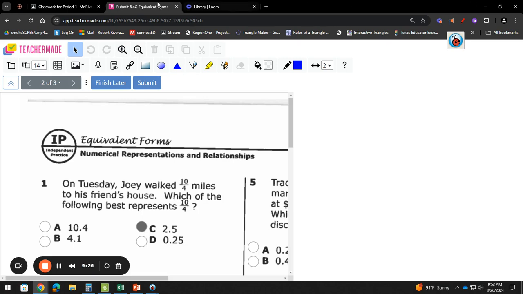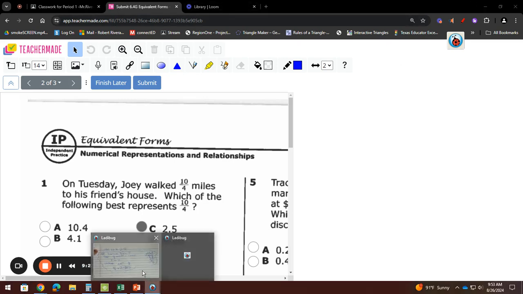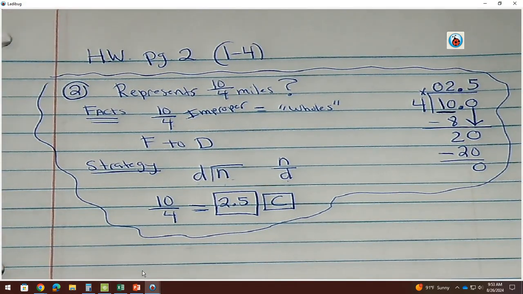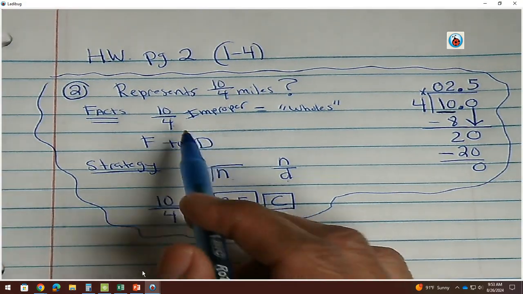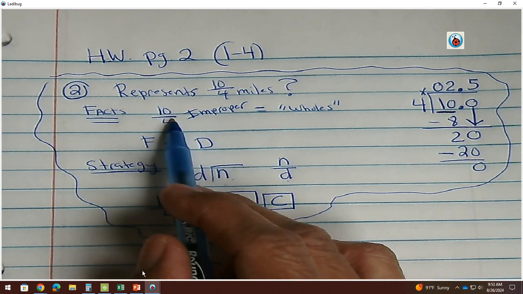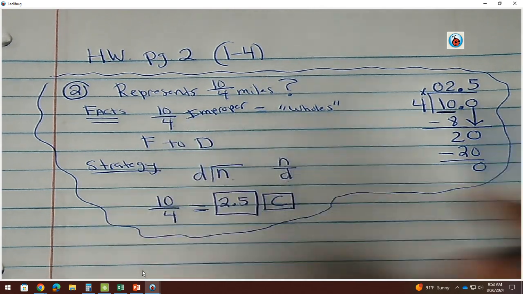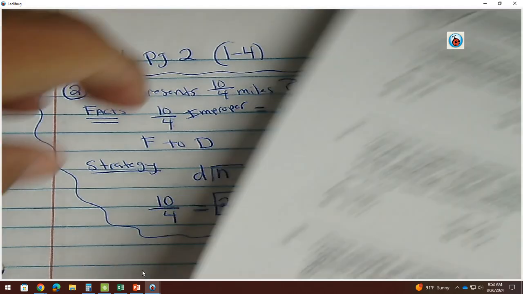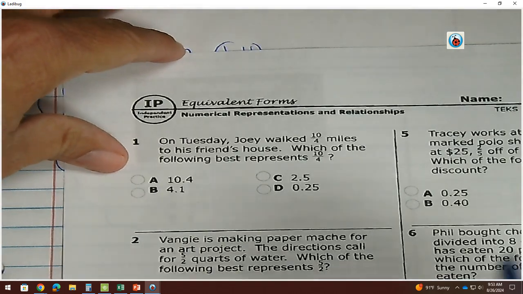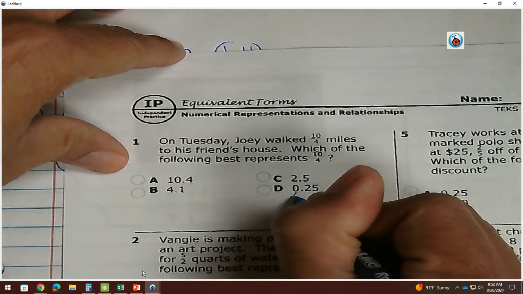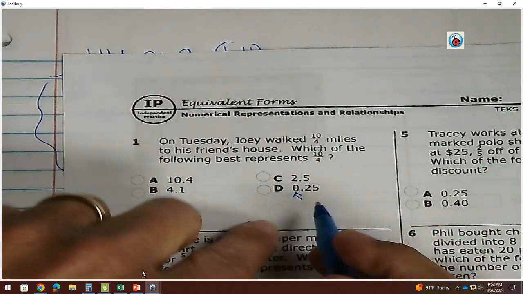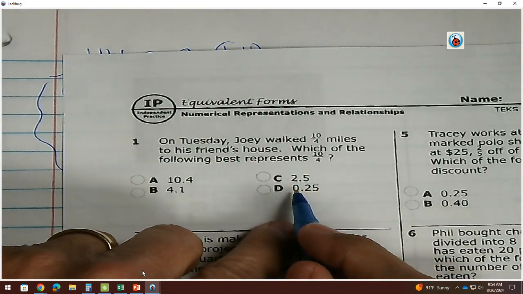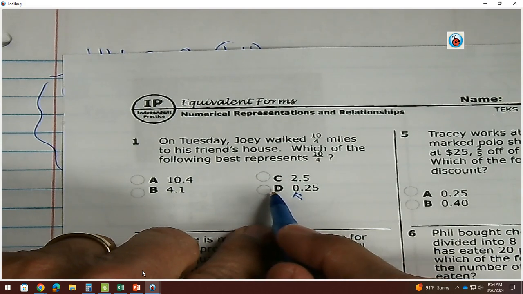Okay? Now, here's what bothers me. If I know it's improper, I have to have whole numbers. So just with that, I know that letter D, see letter D right there, has no wholes. I know that one is wrong already.